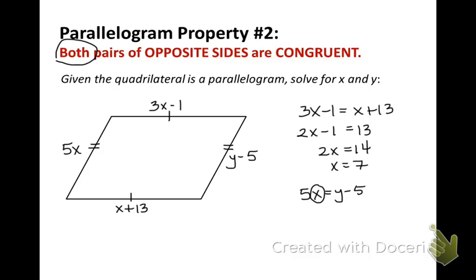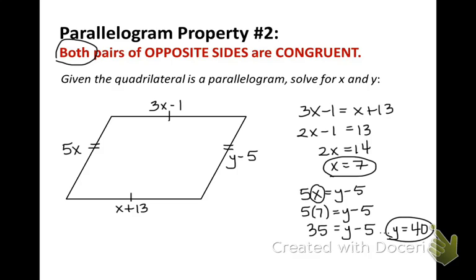So I can plug in 5 times 7 equals y minus 5. 5 times 7 is 35. Okay, so what does y equal? 40. Yep, add your 5 over and you'll get that y equals 40. So I have now found x and y that force the two opposite sides to be congruent.